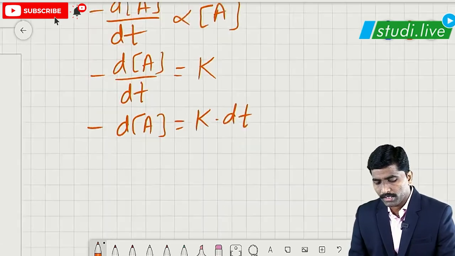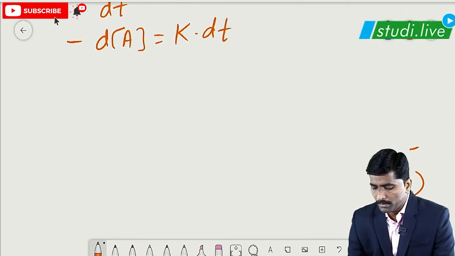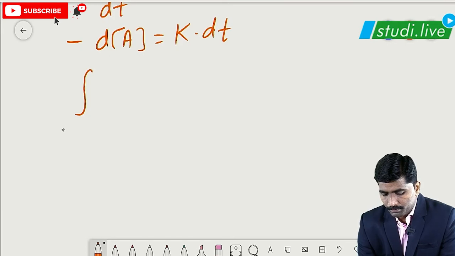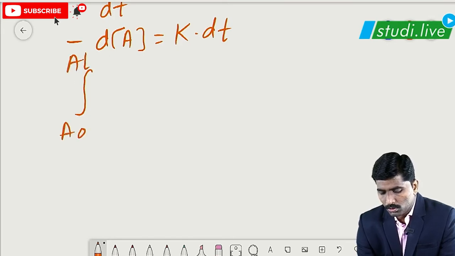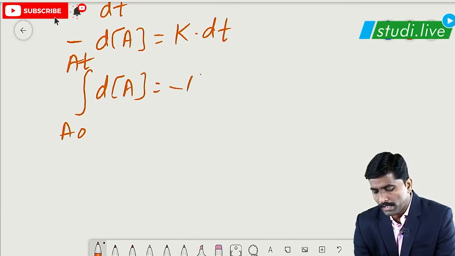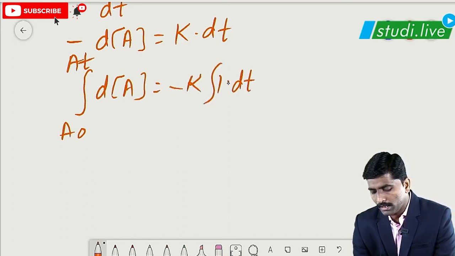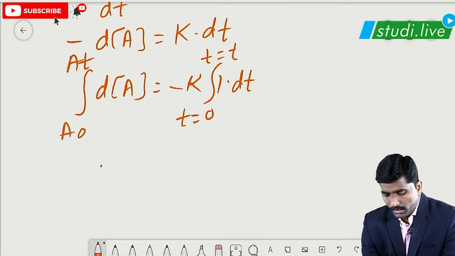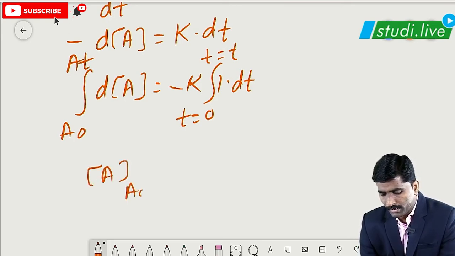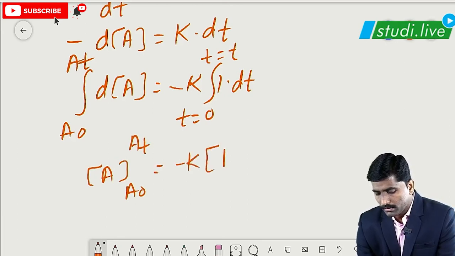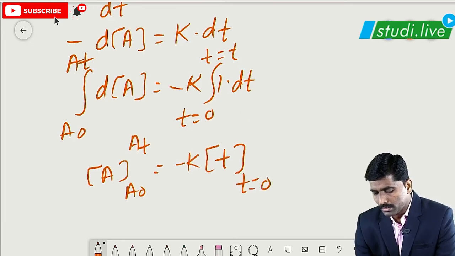In order to obtain the integrated rate law, again we will be integrating this between A0 to At: 1 into dA is equal to minus K integral of 1 into dt, between the limits t = 0 and t = t. 1 into dA is simply A with limits A0 and At, minus K t with limits t = 0 and t = t.